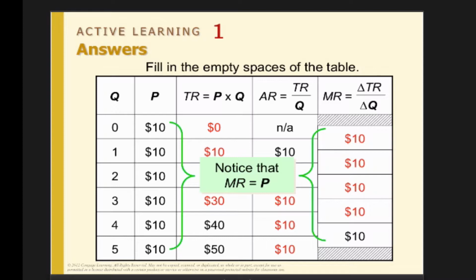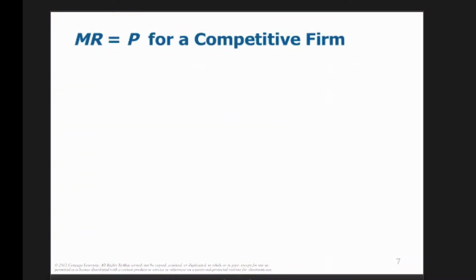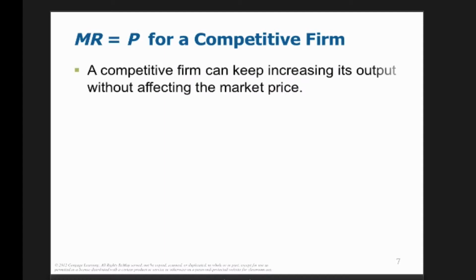Is this true in all situations? No, if P fluctuates. It is true if your firm is competitive. A firm that is competitive can continue to increase its output without affecting price.